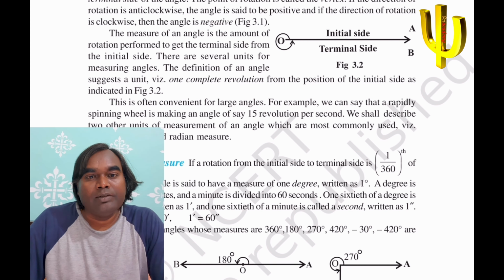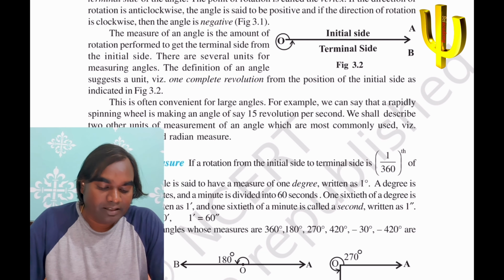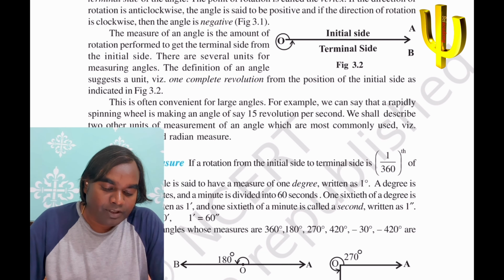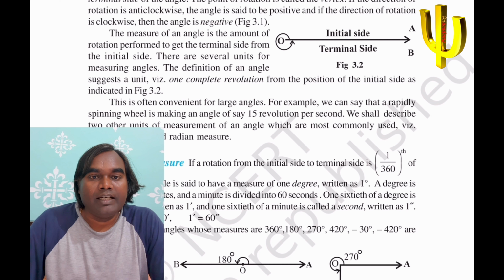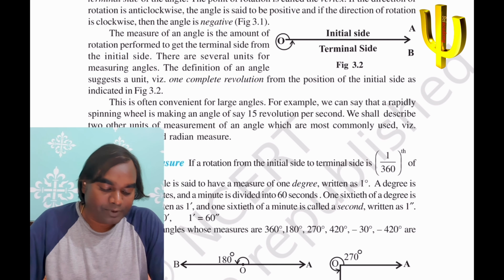During measuring an angle, we use different kinds of units, generally degree and radian. So we will study degree and radian and their relationships.